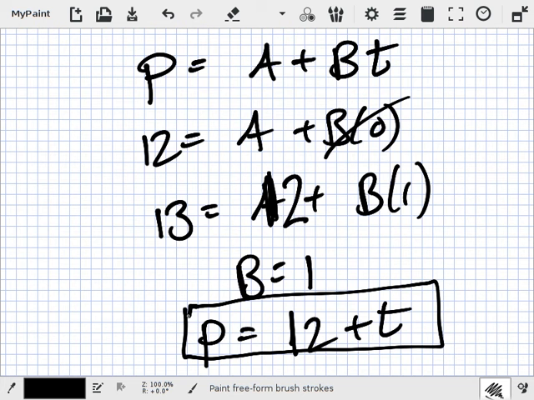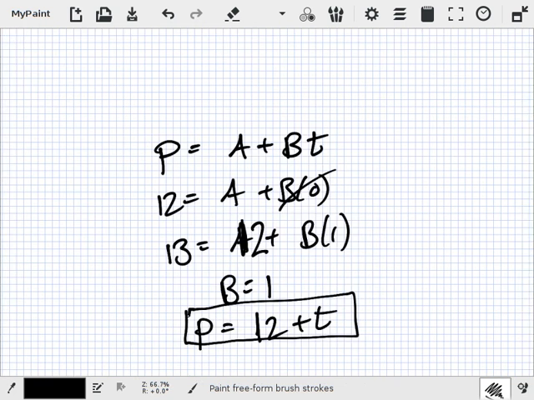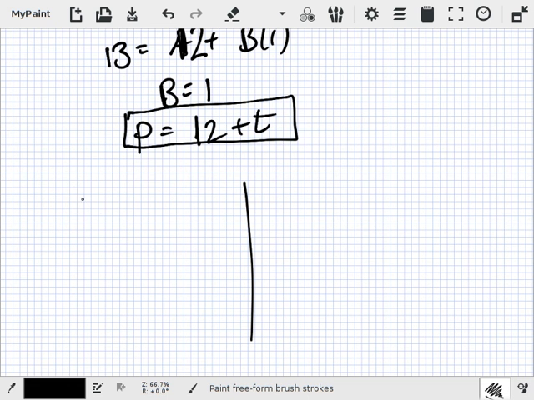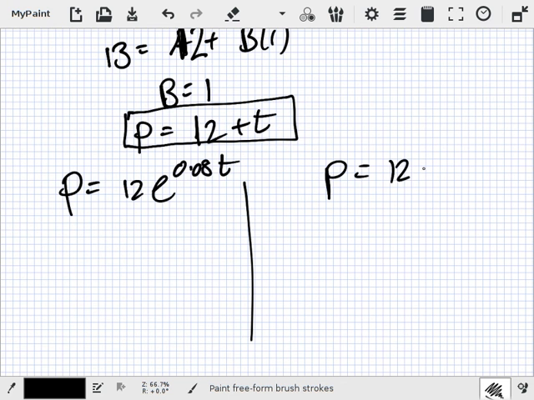In part C, I ask you to use your two equations to make a prediction for how much energy the town will use in 2 years' time. So if you use the exponential, p equals 12e^(0.08t), or p equals 12 plus t.